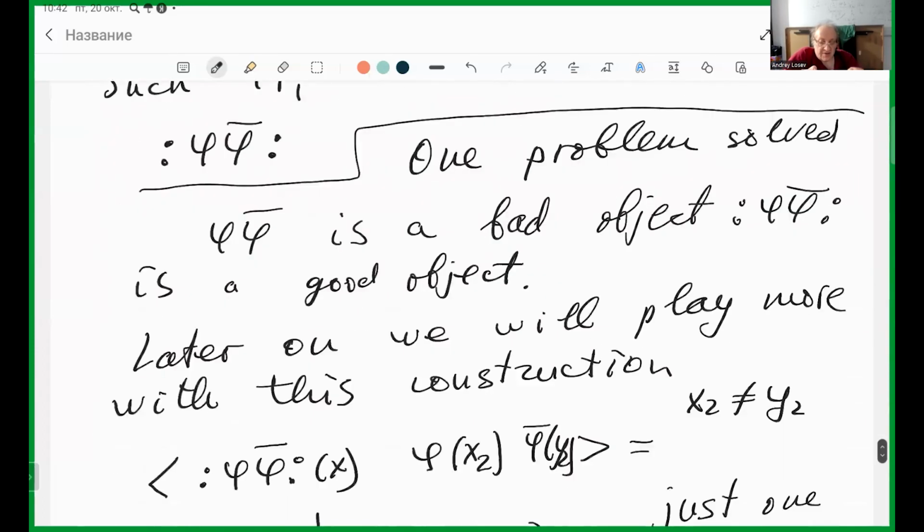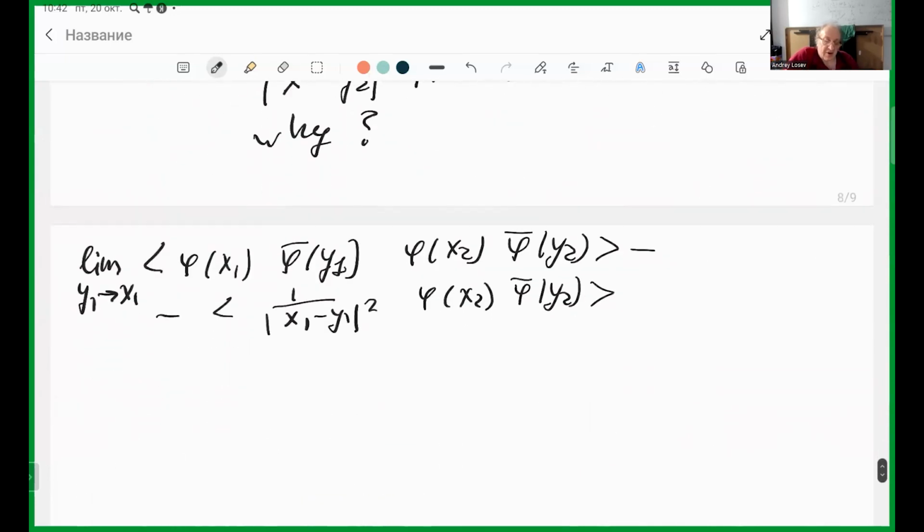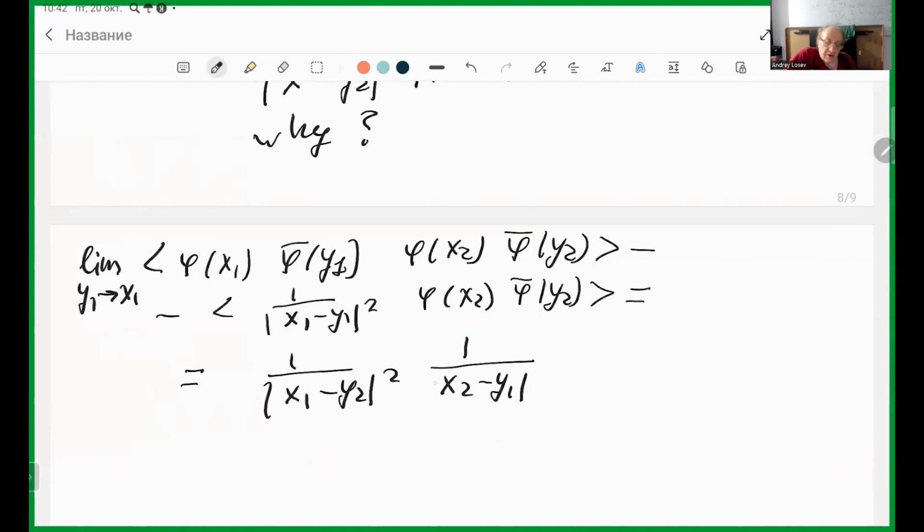It is a definition, so I apply it here. I am getting this, and it means that I have just x1 minus y2 moduli square, x2 minus y1 moduli square, and then a limit, y1 going to x1. Yes, I see it now. Thank you for asking before, because some things have to be explained.